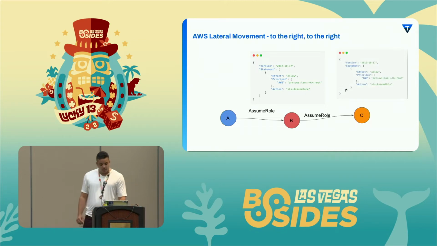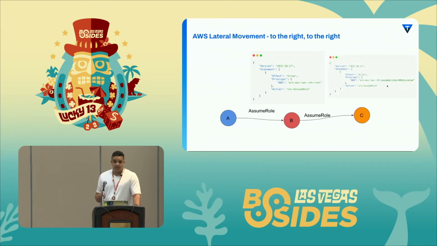But when you think an attacker got access to account B and he wants to jump to account C, you're tempted to think that this policy must be enough for him to jump from account B to account C. But that's not true, because when the attacker assumes the role from account A to account B, and then tries to assume a role in account C, he's not actually coming from account B. He's coming from account A, and this policy won't work.